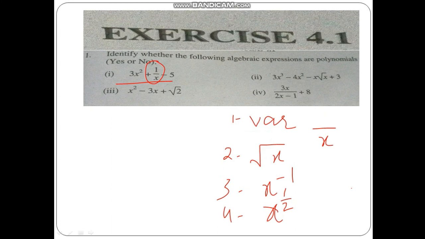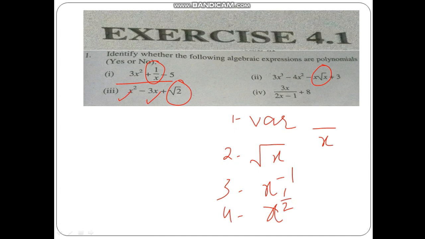So the second one, see, the variable is under a root sign, so this will not be a polynomial. Third one, yes, this can be a polynomial. This is right. Here under root 2 is there, the variable is not under the root sign, the constant can be there.